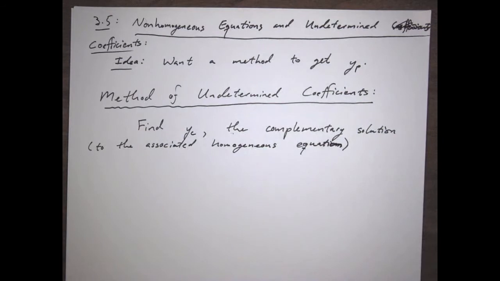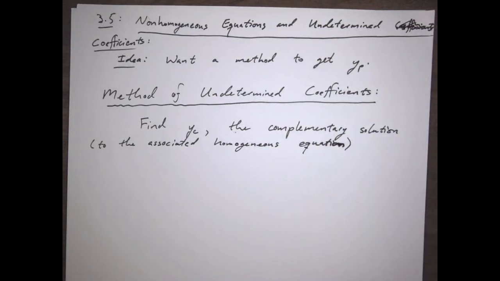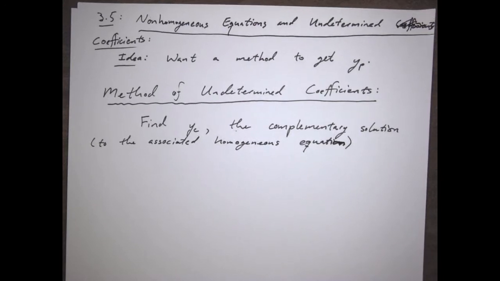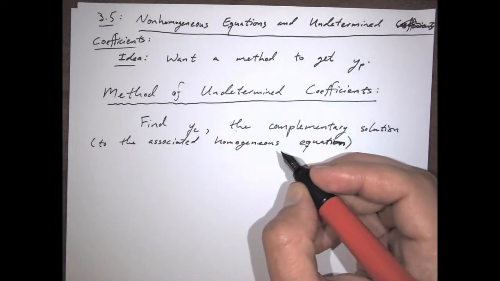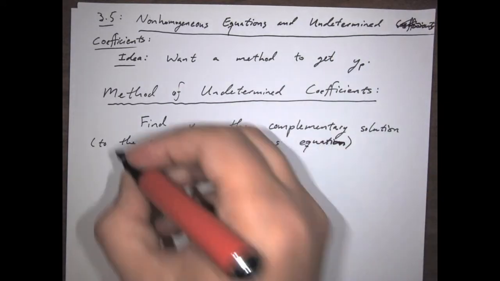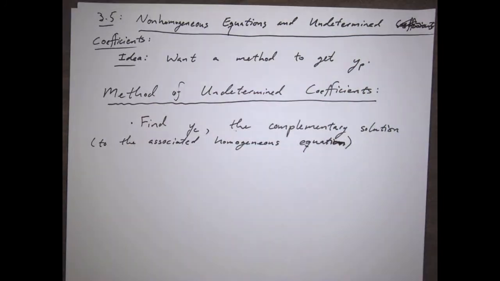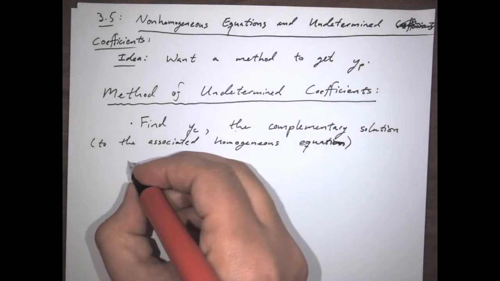And you recall that what makes an equation homogeneous or not is the term that does not include the y, what we call f of x, and it is going to be 0 if it's homogeneous or otherwise not. So find that first.